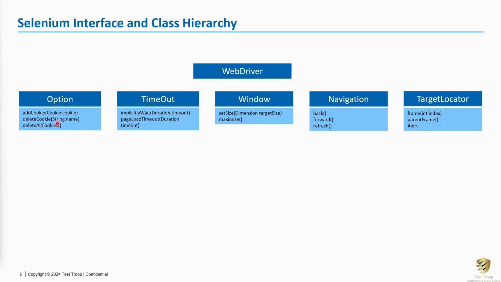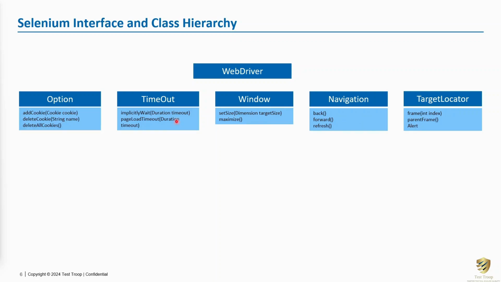Some of the methods given by this interface are addCookie, which adds a cookie to the current browser session, deleteCookieNamed, which deletes a specific cookie by its name, and deleteAllCookies. Then we also have manage, which returns the Options instance for managing the window size, cookies and timeouts, and window, which returns the Window instance for window-related actions.